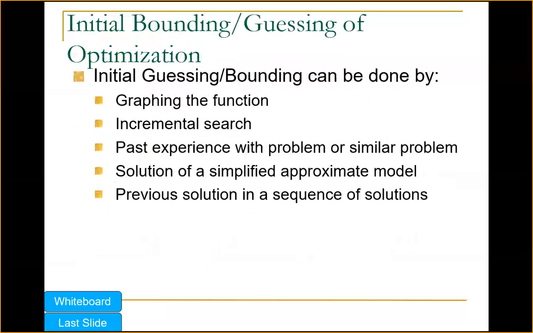Because optimization, as we are teaching it here, is an iterative procedure. Remember, it's optimization of nonlinear systems or functions. Because it's an iterative procedure, it actually involves the exact same considerations as the previous topic.